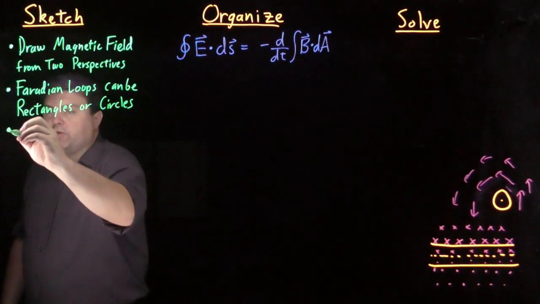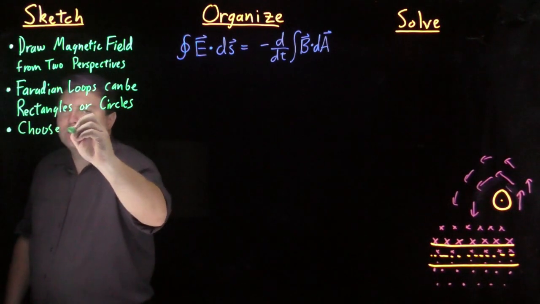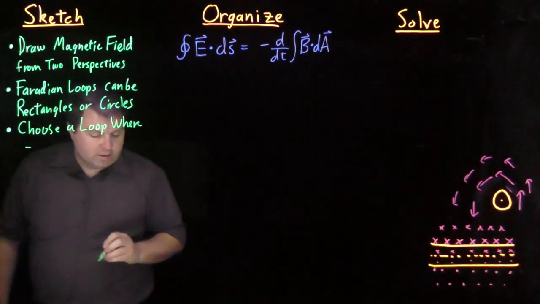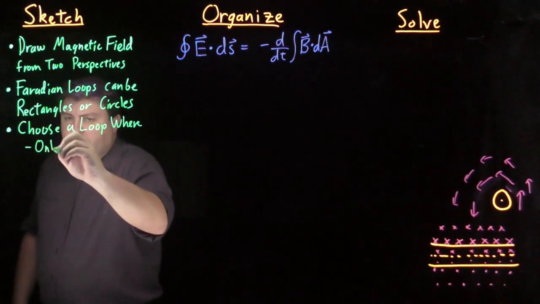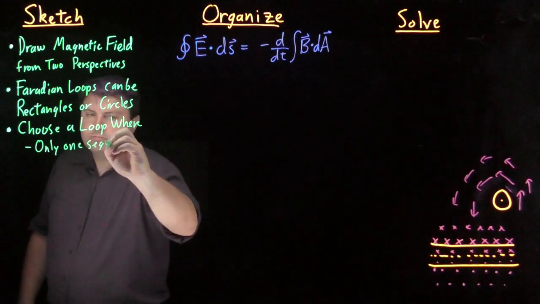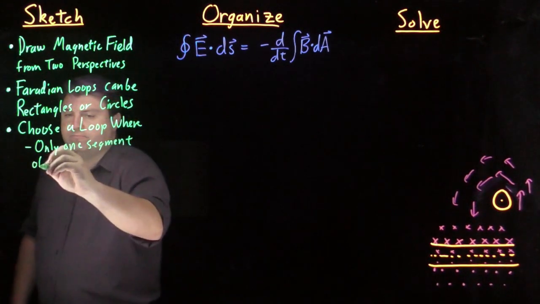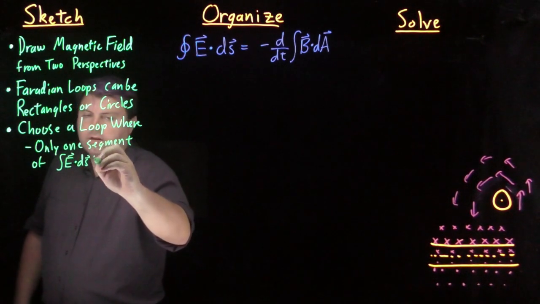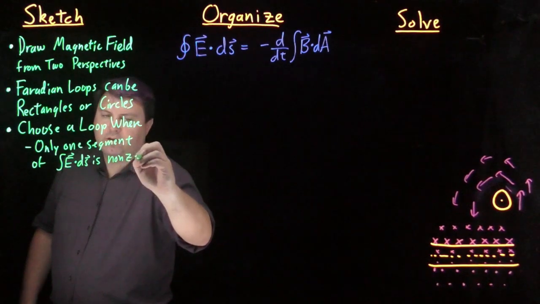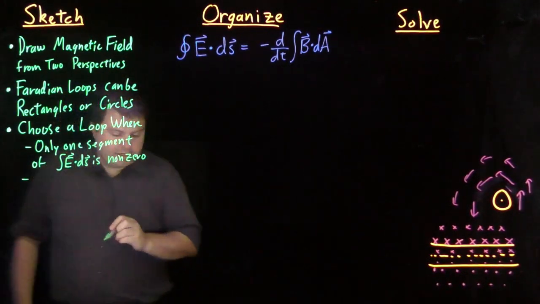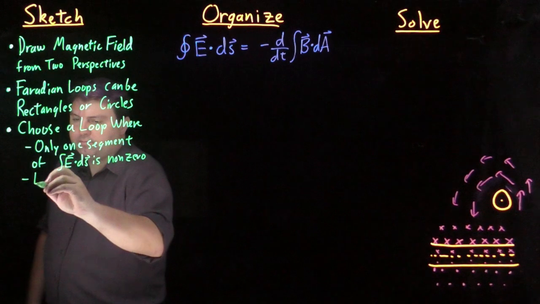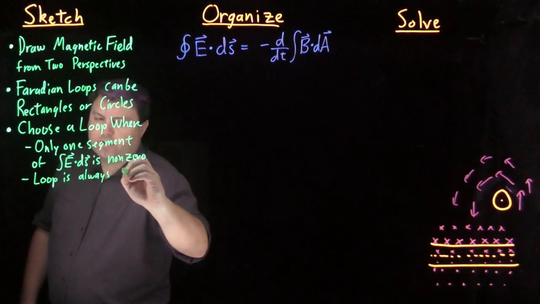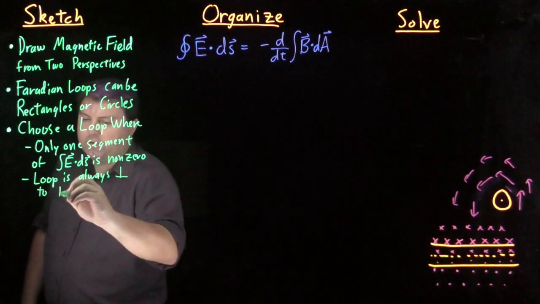And we are going to choose a loop for ourselves where only one segment of the integral E dot ds is non-zero, and that our loop is always perpendicular to the magnetic field.